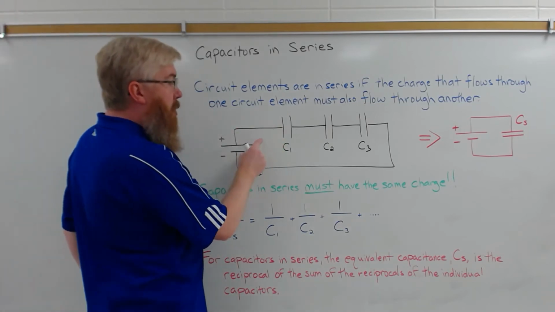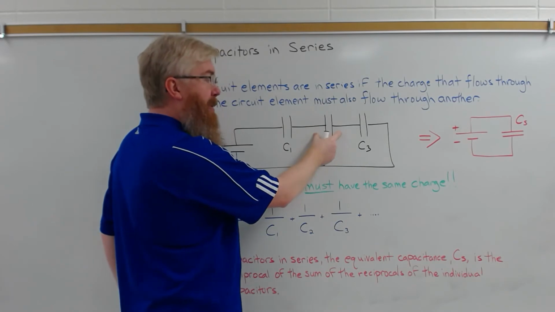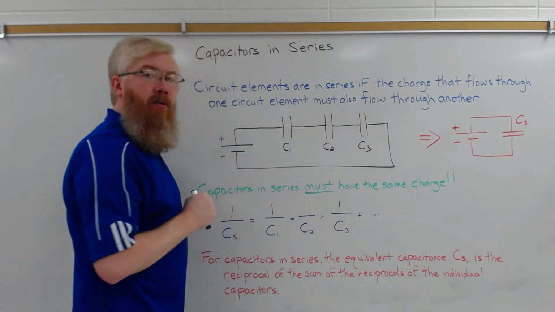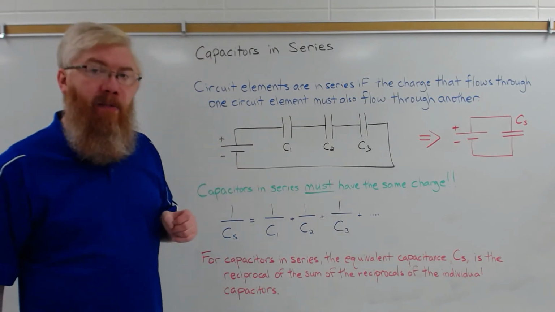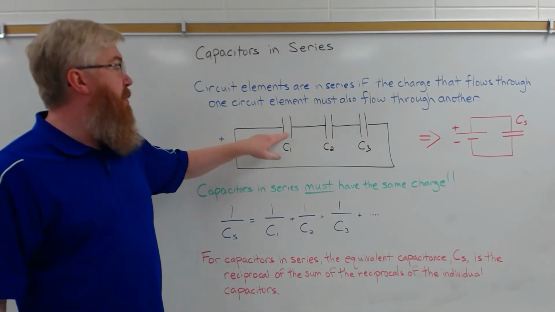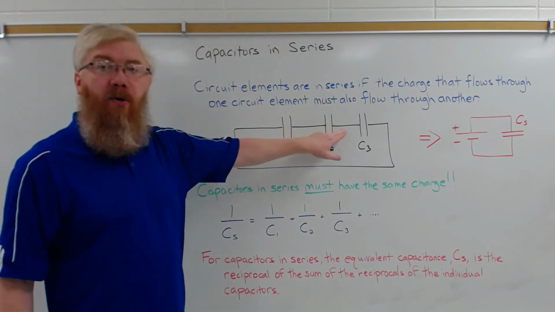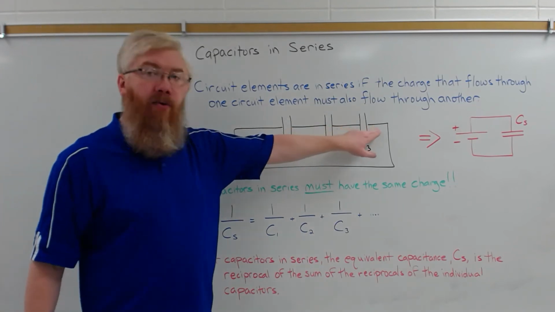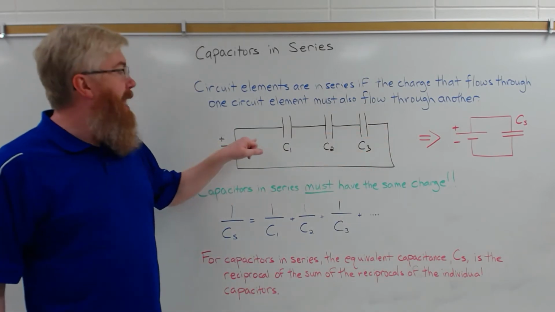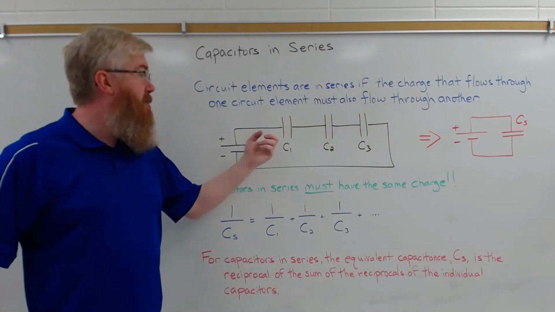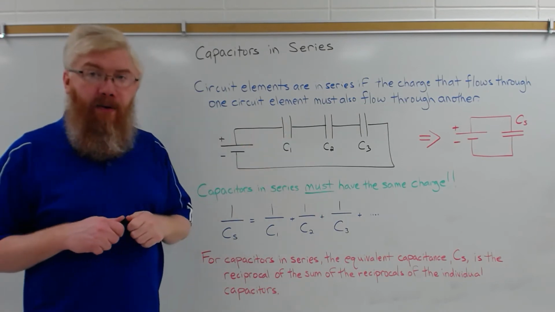Charge will flow through capacitor 1, then capacitor 2, and then capacitor 3 before it goes back to the negative terminal of the battery. Any charge that flows through capacitor 1 can't just go back to the battery. It has to go through 2 and capacitor 3 before coming back. So we say these circuit elements are in series, one after the other.